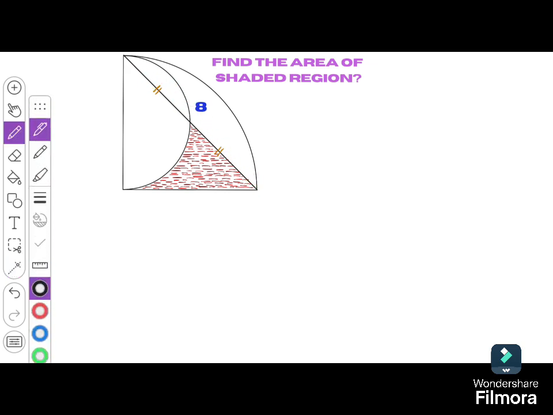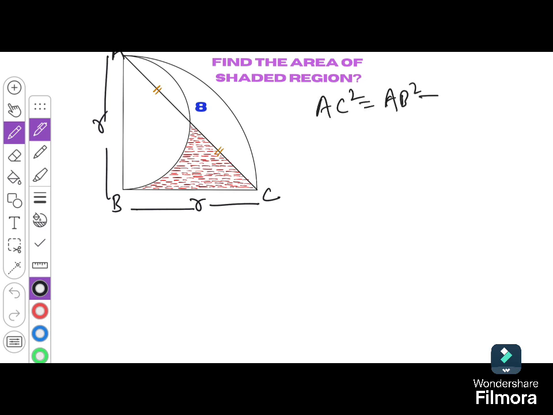So first I will try to find the radius of this quadrant, and we will apply the Pythagoras theorem here. Let's suppose this one is A, this B, and this is C. So AC square is equal to AB square plus BC square. The length of AC is 8, so 8 square, AB is R square, BC is R square. 64 is equal to 2R square.